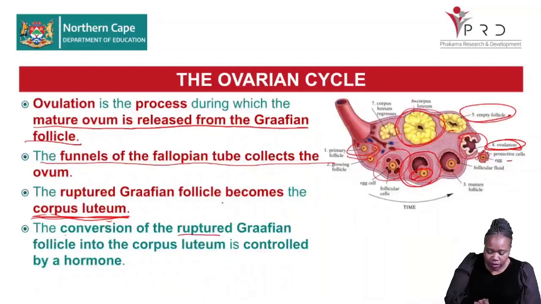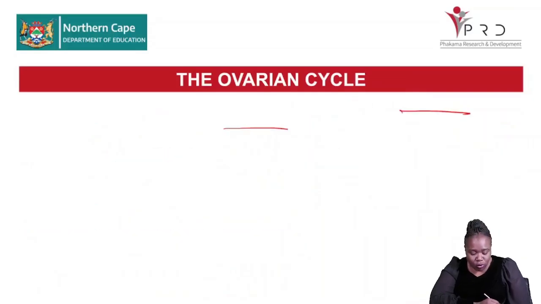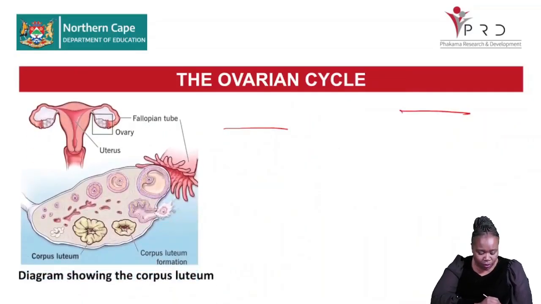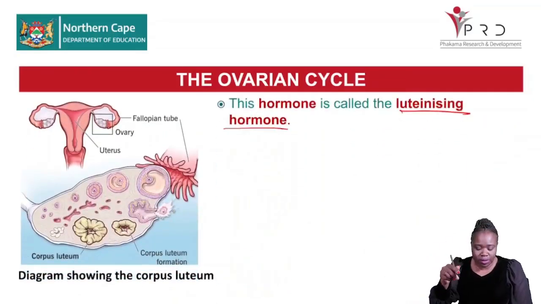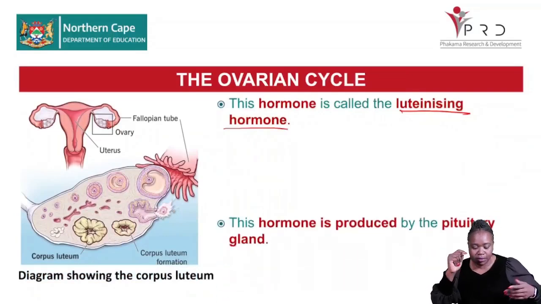So the conversion of the ruptured Graafian follicle into a corpus luteum is controlled by the luteinizing hormone. Okay, so those are the two hormones that we mentioned, and we are now looking at their functions.